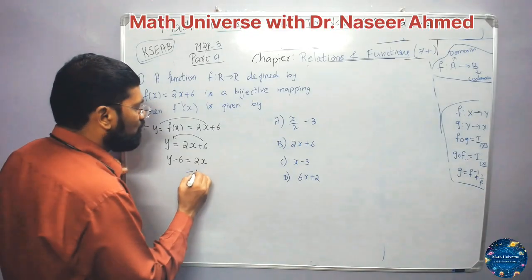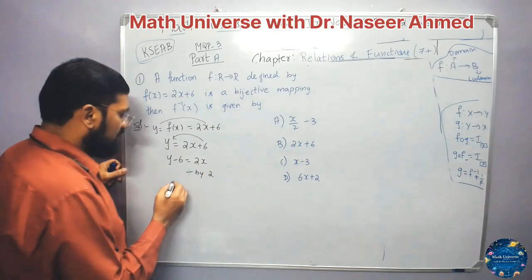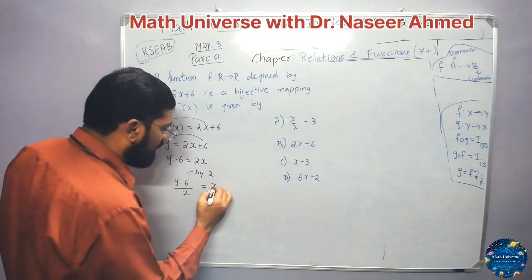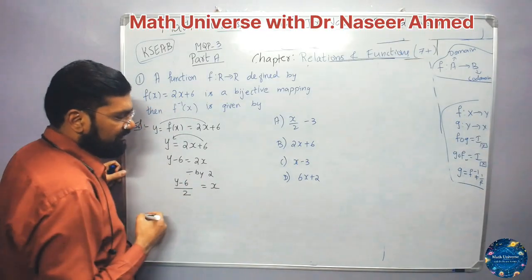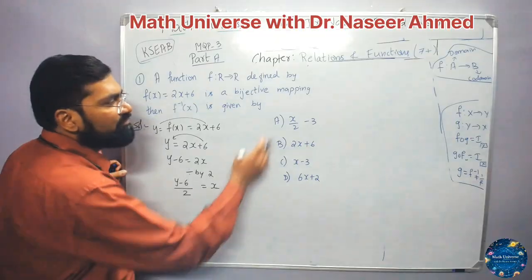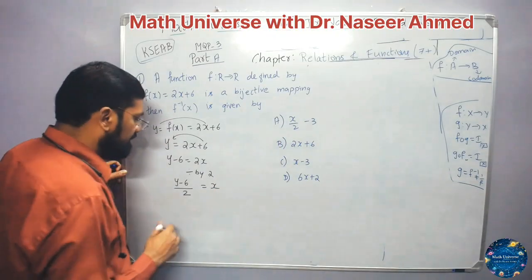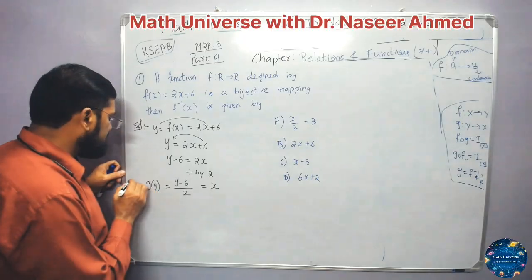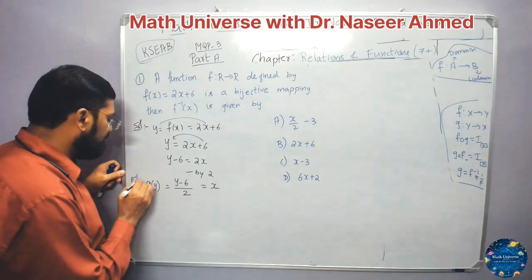Divide by 2. So I will get (y minus 6) whole divided by 2 is equal to x. Correct? This is actually g of y, which is f inverse of y.